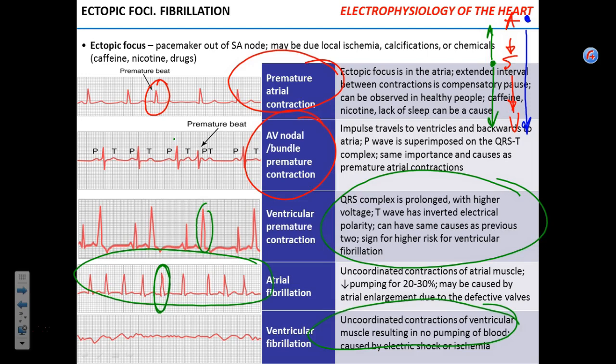The electrical outlet in the United States is either 127 or 220 to 240. Electric chair is 2,500 volts. This person survived a 150,000 volt shock, which is pretty impressive.